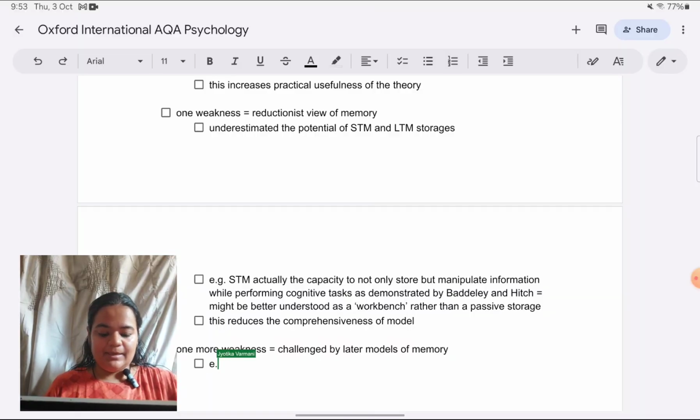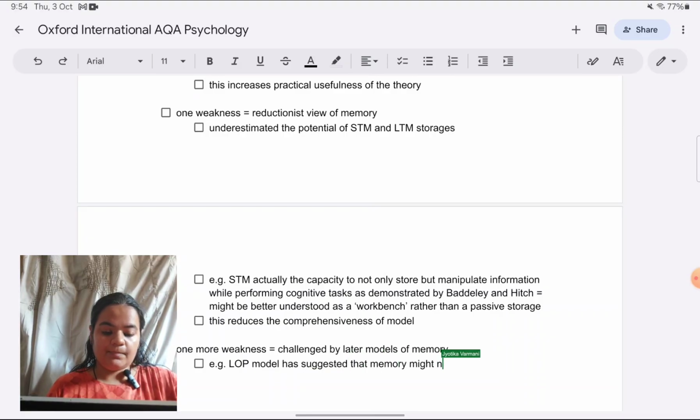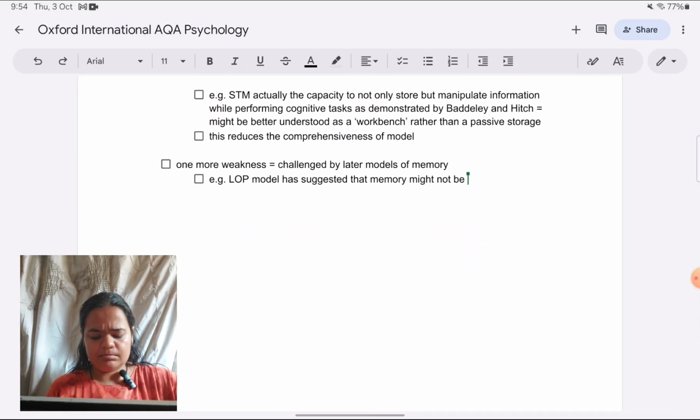For example, the LOP, levels of processing model by Craik and Tulving, has suggested that memory might not be structured into well-defined storages.